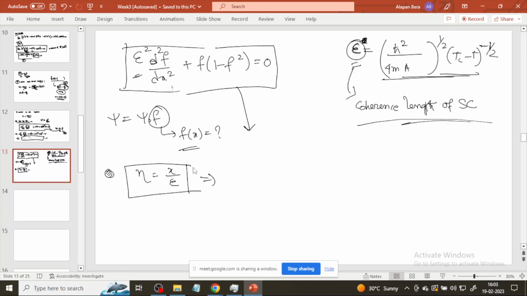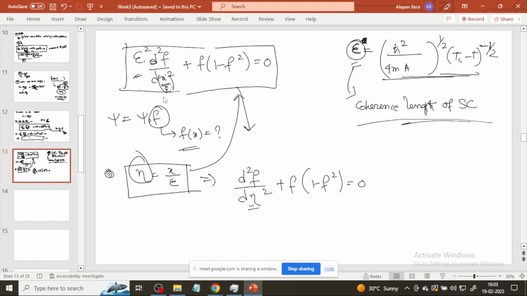Now putting eta equal to x by epsilon in this equation, we get d square f by d eta square plus f into 1 minus f square is equal to 0. Because you can take this term in the denominator and the whole term becomes like this, and in place of x by epsilon you can put eta.